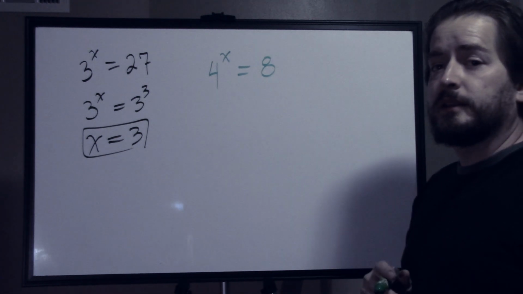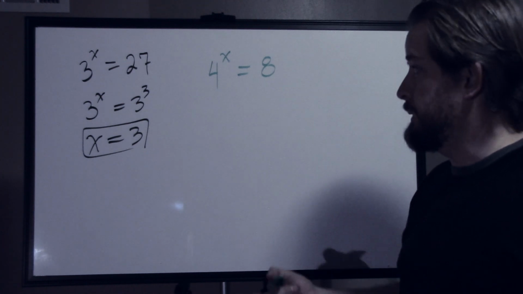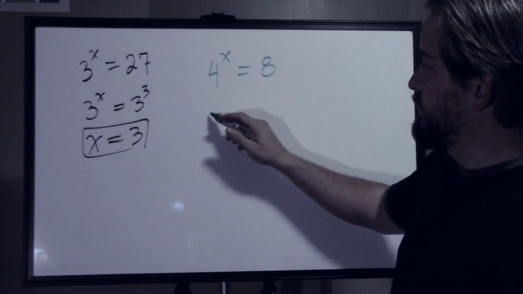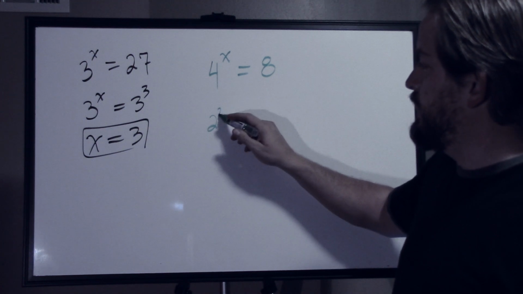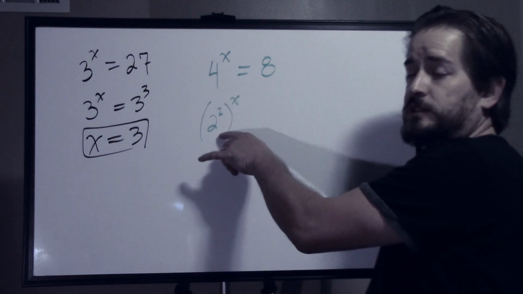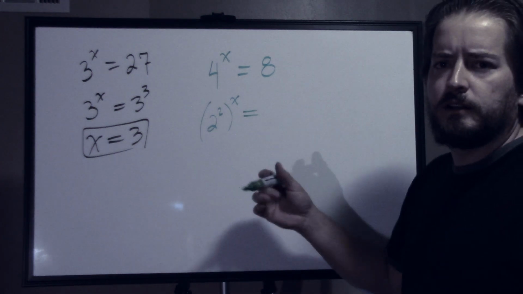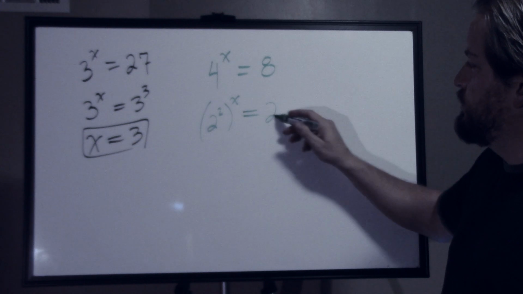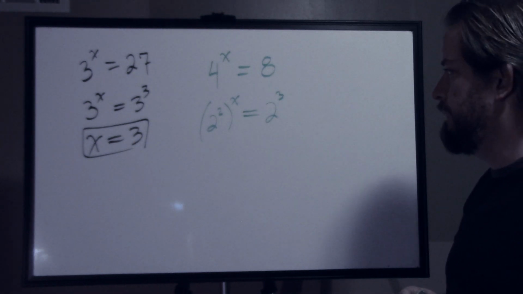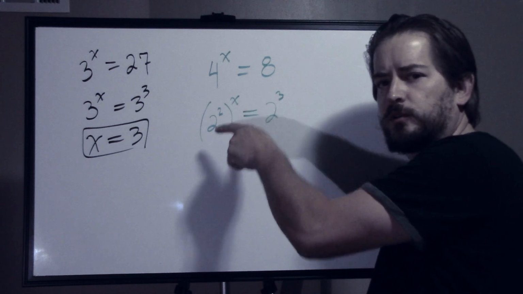But we can rewrite this because 4 and 8 are both powers of 2, right? So instead of 4 to the x, I'm going to write 2 squared to the x. Just rewriting my 4 as 2 squared. Nothing tricky at all. But 8 happens to be 2 to the third. And if I have a number raised to a power raised to another power, I multiply those powers.